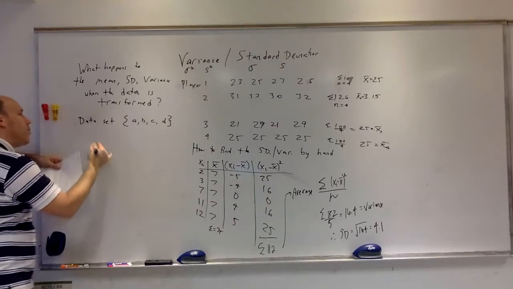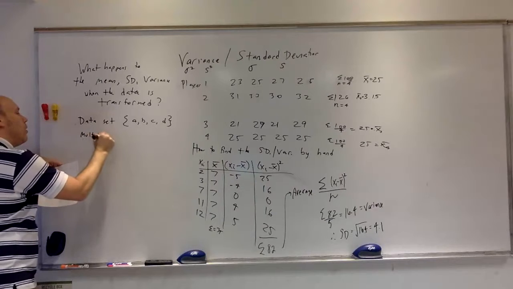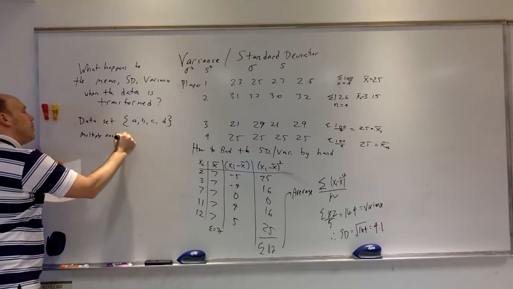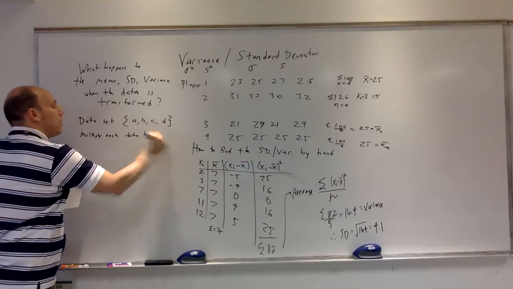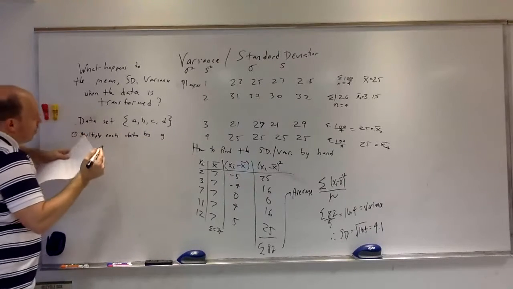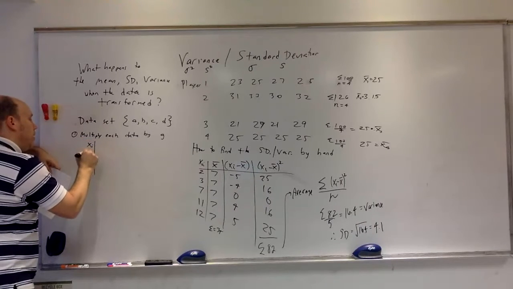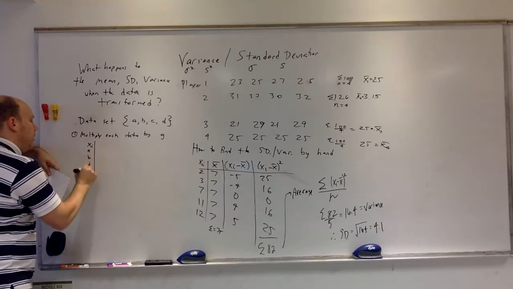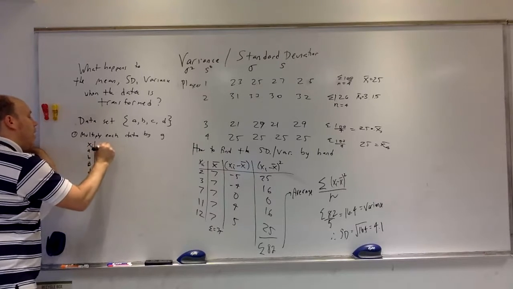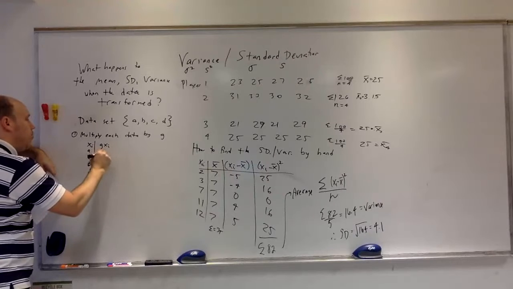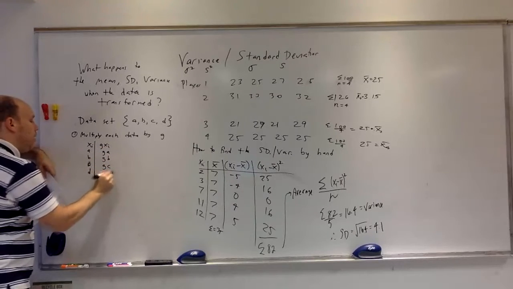So the question is, what happens when I multiply each data by G? So x1 is A, B, C, D. What's Gxi? Well, it's GA, GB, GC, and GD.